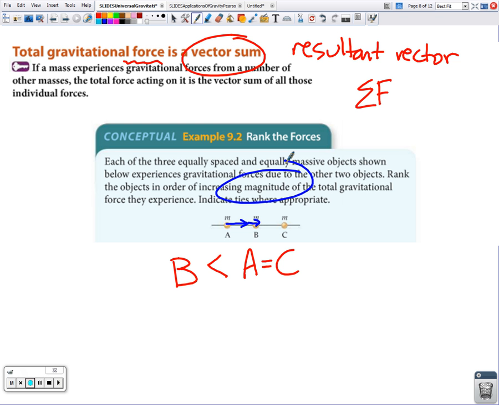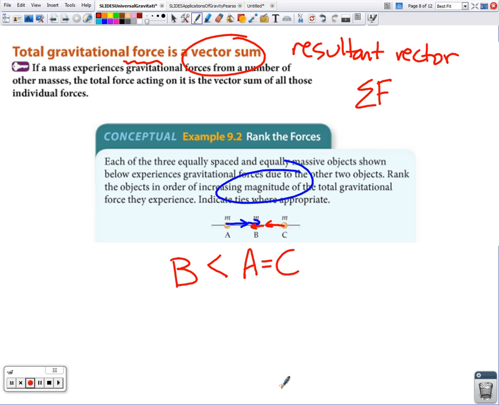Wait a second. If C's pulling B to the right, then the only one acting on A is technically B, because A and C cancel out. No, because C is also getting acted on by A, but it's going in opposite directions, so they cancel out too.